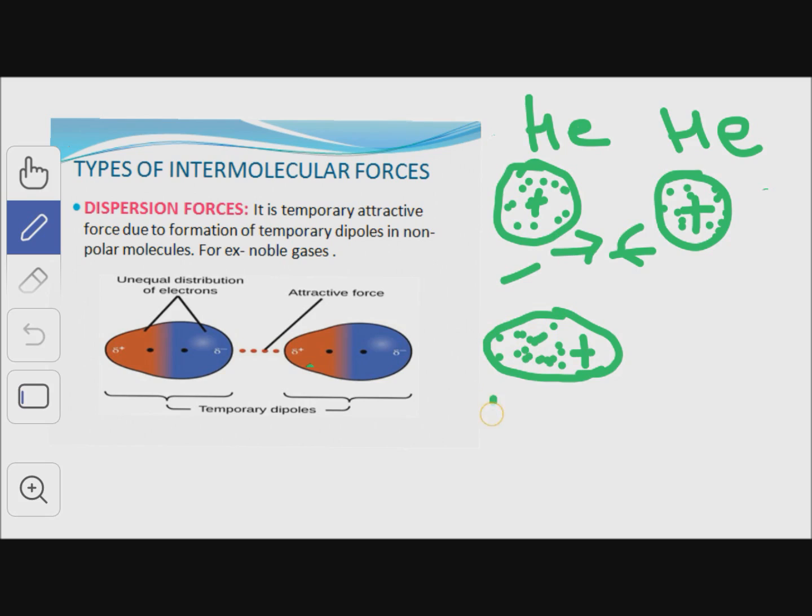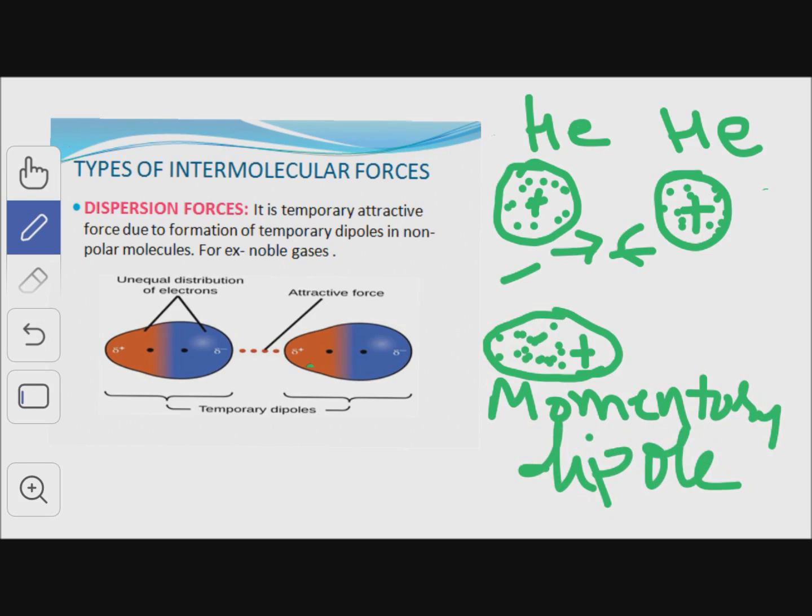Here it is the momentary dipole. This momentary dipole induces a dipole in the other helium atom, and the electron cloud of the other helium atom gets distorted. These dots represent the negative charge.